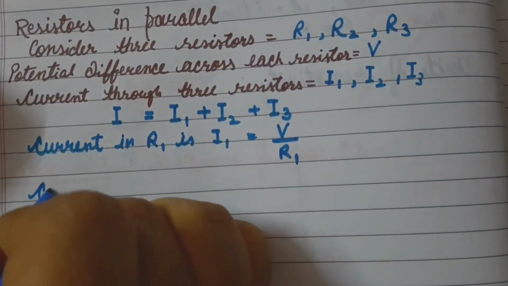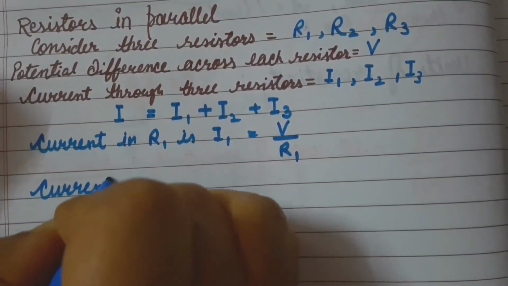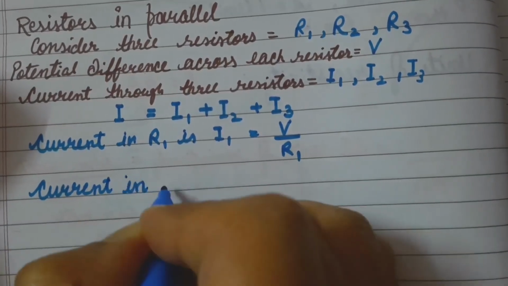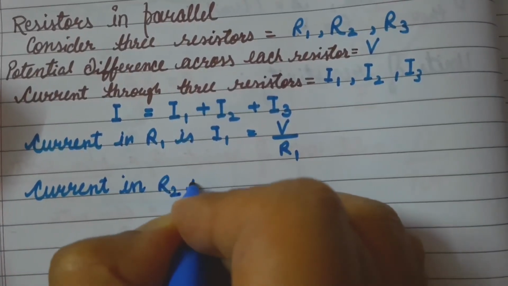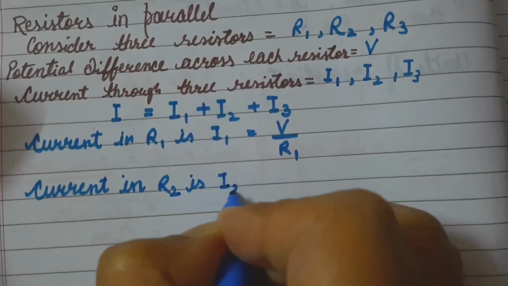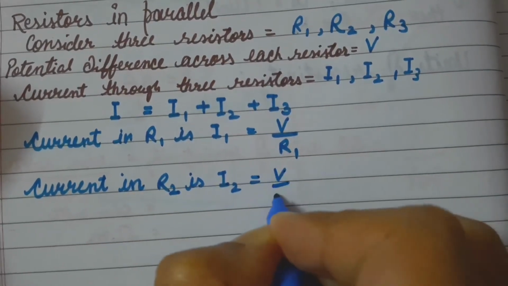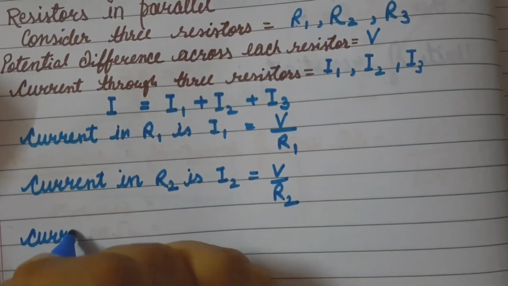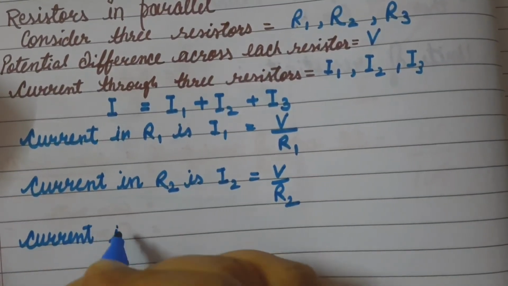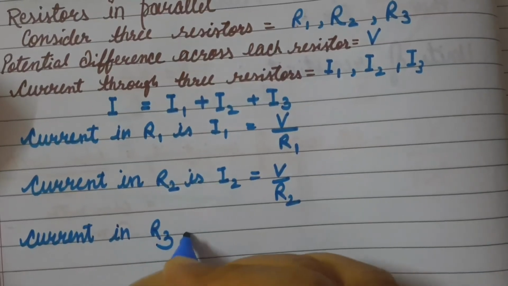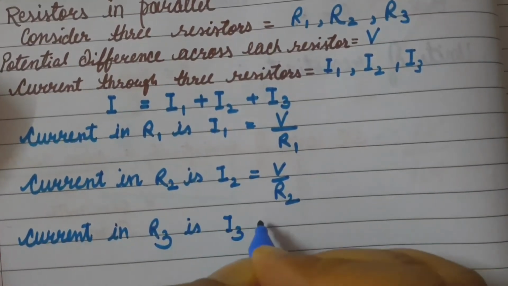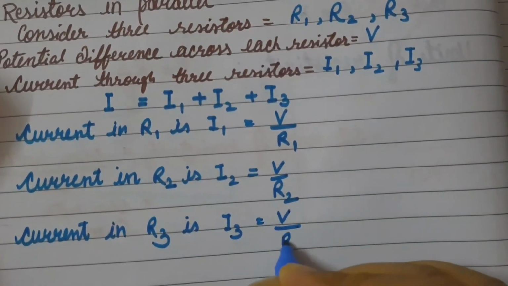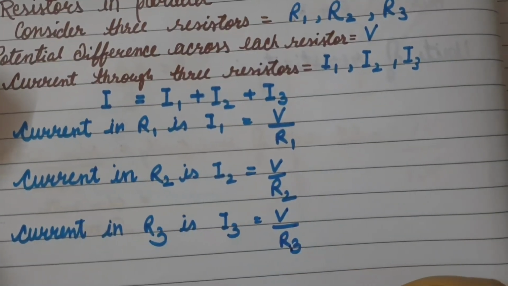Now current in R2 is I2, its value is V upon R2. Third one, current in resistor R3, which is I3, is V upon R3.